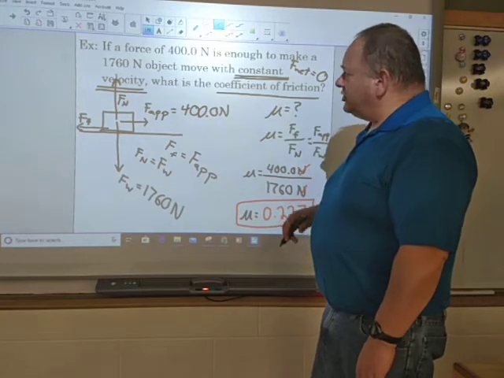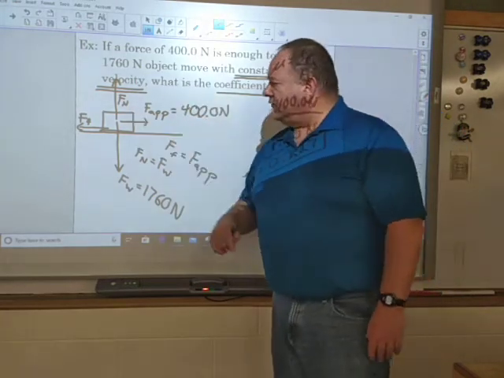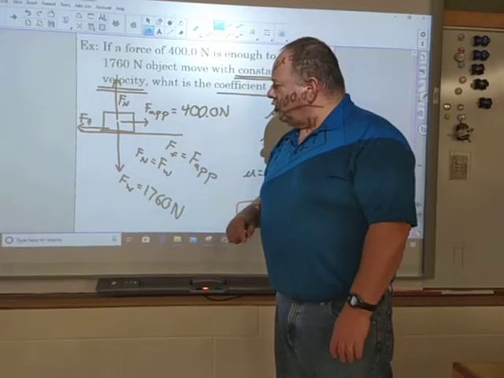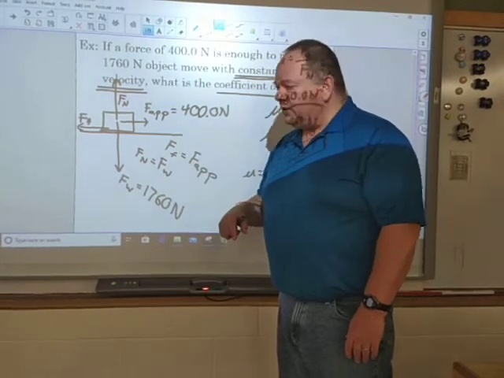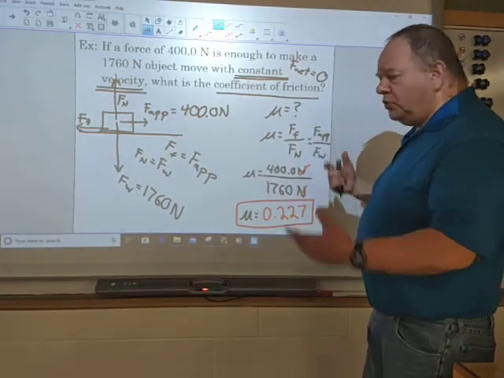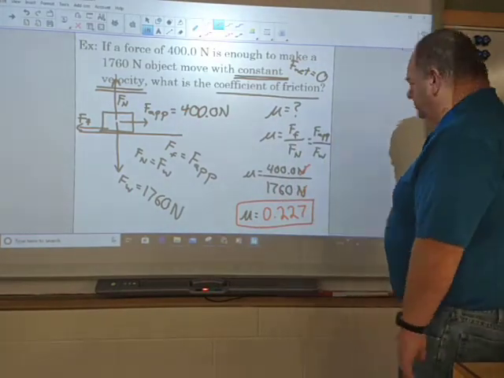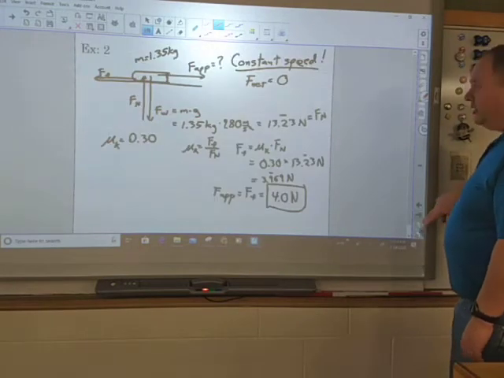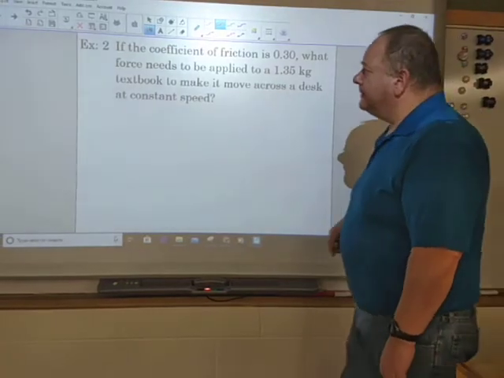Definition of coefficient of friction, understanding that friction is always opposite our motion. Normal force is the contact force. Right? You can hopefully go back through that as often as you need to. That was the same problem.